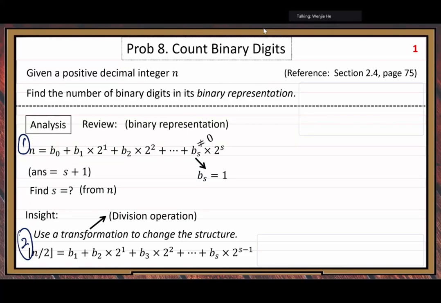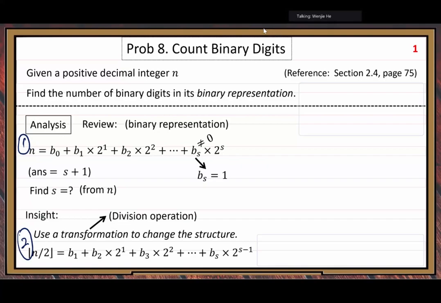Then you can count the number of bits for the second formula easily, right? How many bits do we need to represent the floor of n over 2? S, if you use S. Here we are allowed to use S because in the intermediate steps we can use temporary variables.